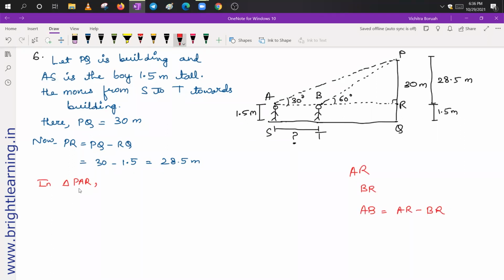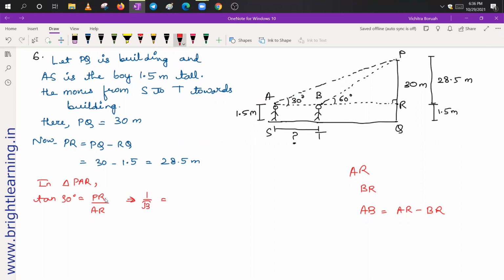Okay, so in triangle PAR, tan 30 degree is equal to, now in this case perpendicular is PR upon base, here it is AR. Now tan 30 degree, we know that it is equal to 1 upon root 3.